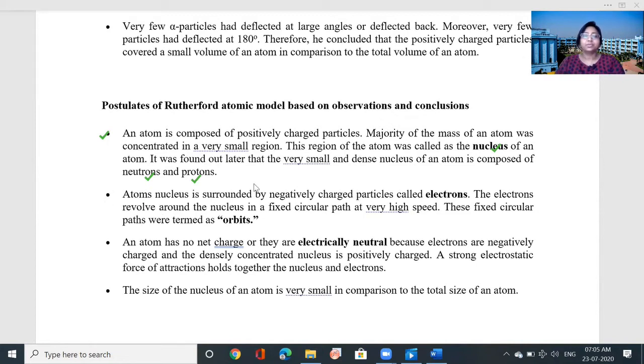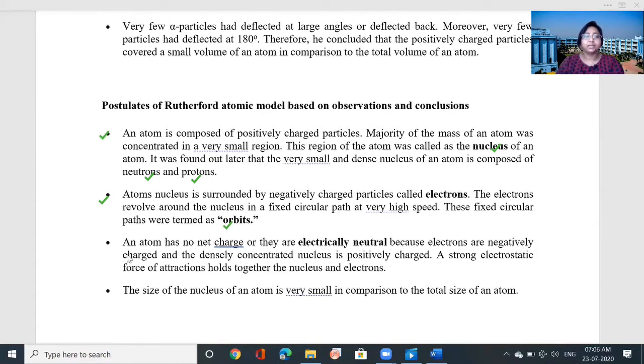Next, what is the second postulate? The atom's nucleus is surrounded by negatively charged particles called electrons. The electrons revolve around the nucleus in fixed circular paths at very high speed. These fixed circular paths are termed orbits.